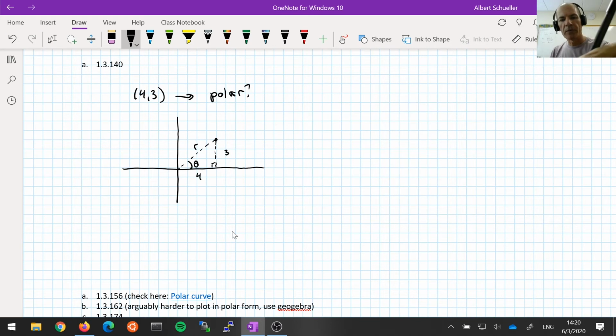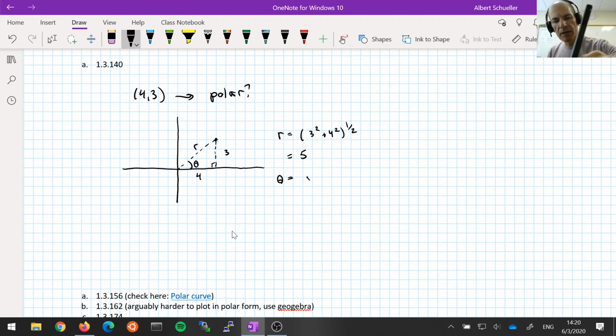R, by the Pythagorean theorem, is the square root of 3 squared plus 4 squared, which you may recognize as 5. A 3, 4, 5 triangle. Theta: the tangent of theta is the ratio 3/4, right? Opposite over adjacent.